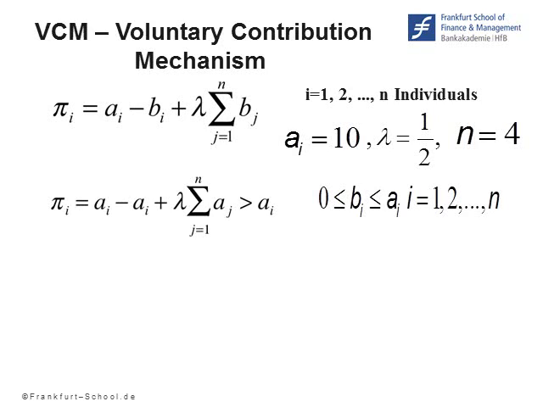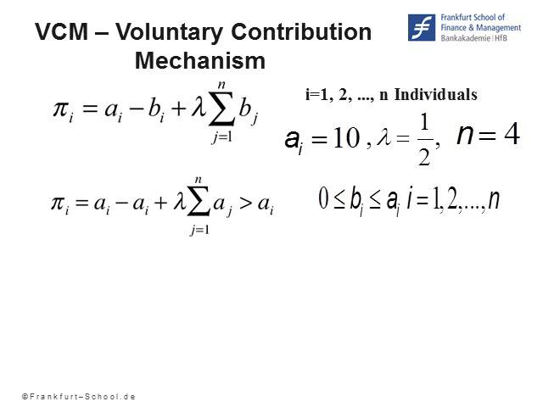A dilemma will emerge whenever the condition down there is fulfilled. Well, that means that by putting in something into the pot, you get more back than you put in if everybody does so.